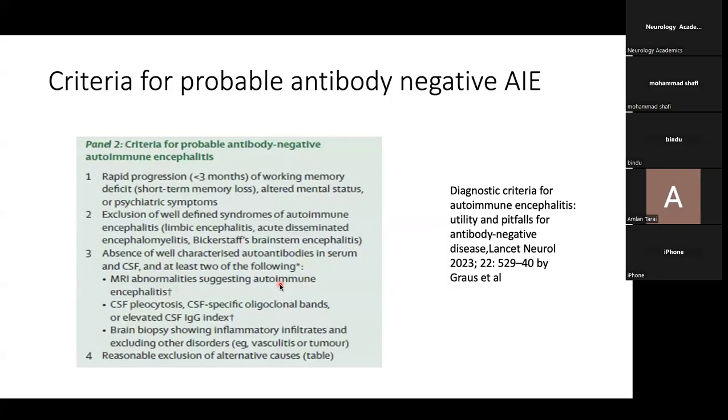Now come to the criteria of probable antibody-negative autoimmune encephalitis.